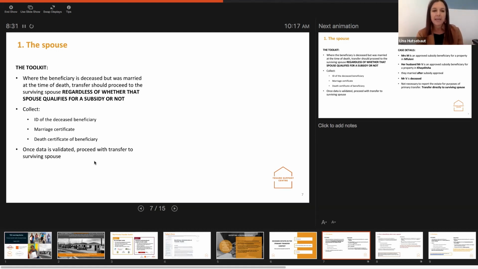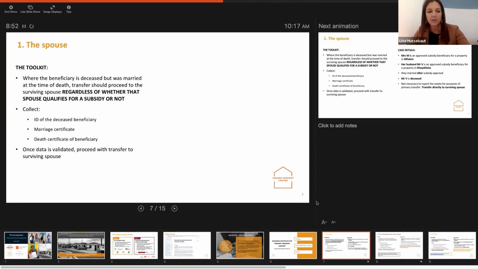Basically you would collect the ID of the deceased beneficiary, the marriage certificate showing the valid marriage, as well as that approved beneficiary's death certificate. On the basis of those documents, you can follow what we call our core process of transfer to that surviving spouse.